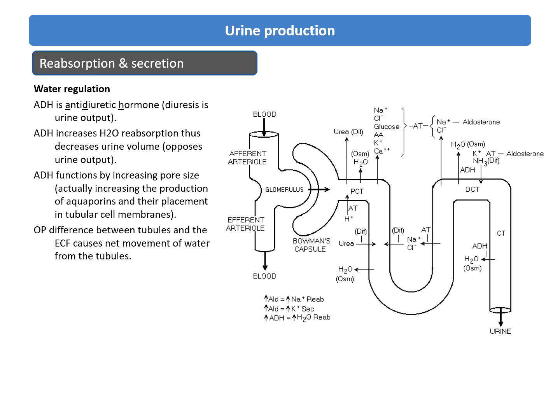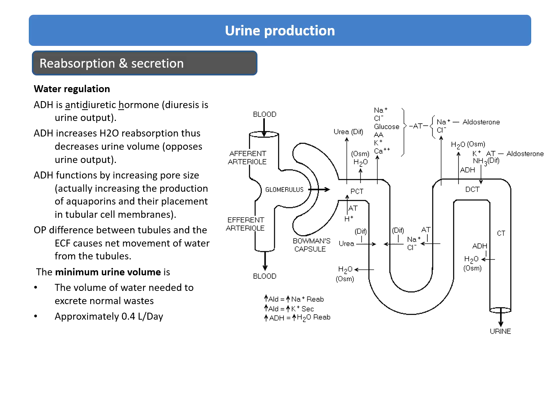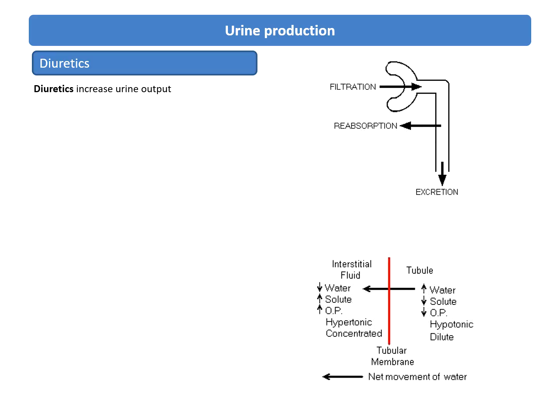Osmotic pressure difference between the tubules and the extracellular fluid causes net movement of water from the tubules, as we described. The minimum urine volume is the volume of water needed to excrete normal wastes. It's approximately 0.4 of a liter a day. Diuretics increase urine output.